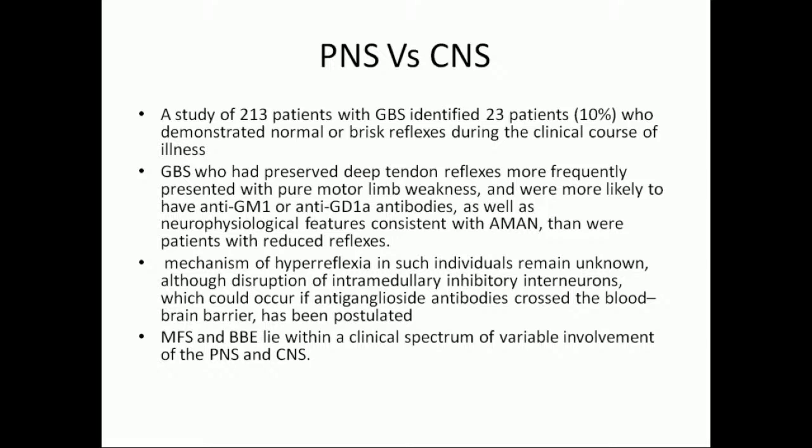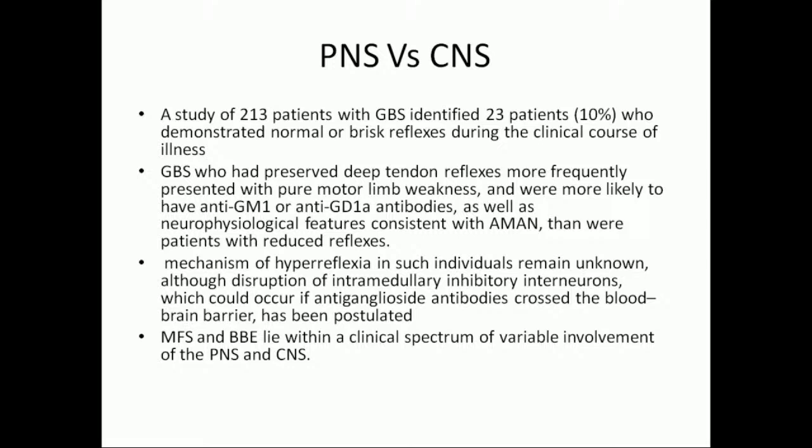Now, whether GBS is a peripheral nervous system or central nervous system disease: in 10% of the patients, as we have discussed, there may be exaggerated reflexes or normal reflexes. In most cases of Miller-Fisher variant and Bickerstaff brainstem encephalitis, we have signs of upper motor neuron involvement as well, because the anti-GQ1b antibody may be present in the reticular activating system, leading to altered sensorium.